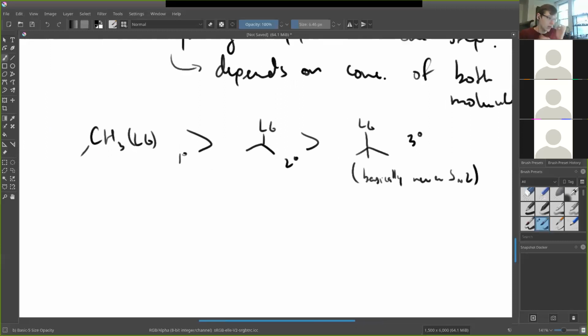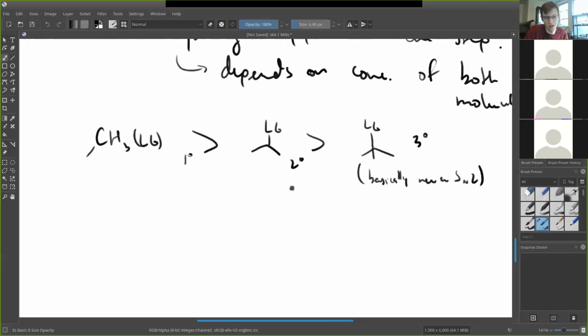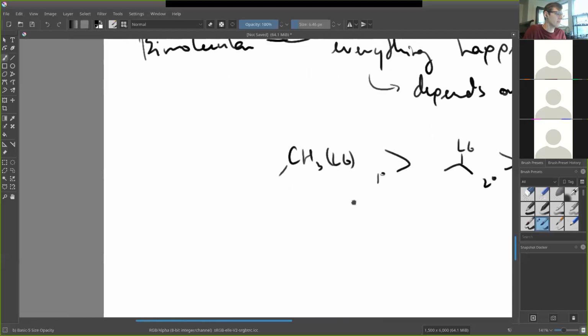It's because for all these other carbons, you have to do backside attack, but it's really hard to do backside attack if there's a whole bunch of stuff getting in the way. If you can't actually make it to that carbon in the middle, then it doesn't matter. You could have the best nucleophile there is, but it's not going to help.